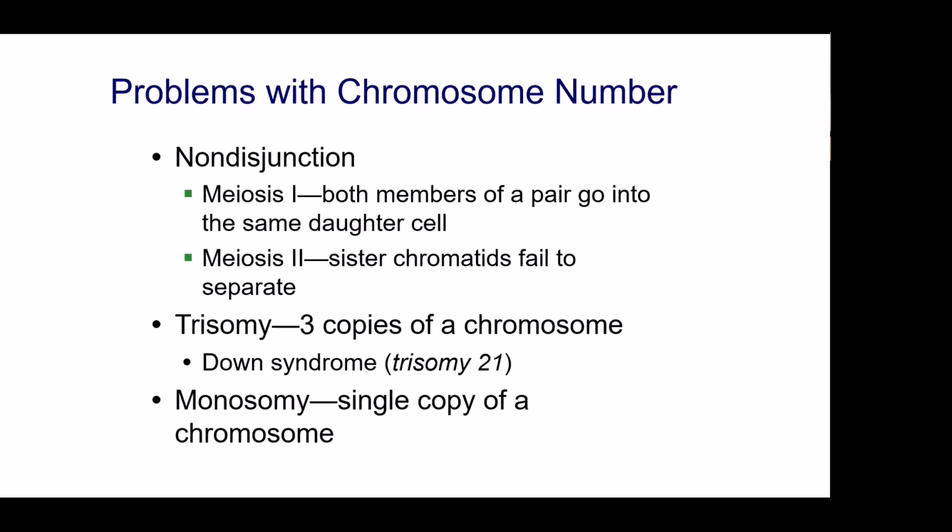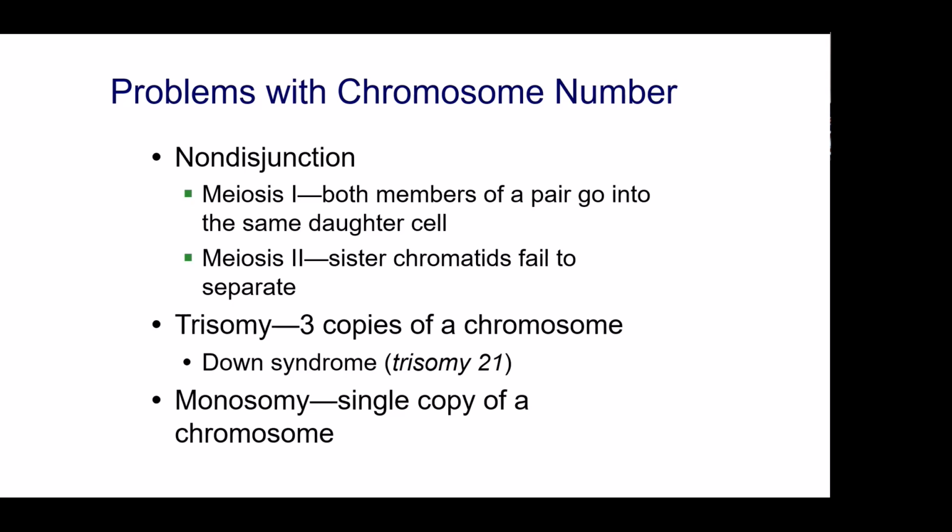So what are some of the things that can potentially happen in chromosome number? There's what's called non-disjunction. This is a situation where the genetic material, in spite of the spindle's best effort, is not divided evenly.